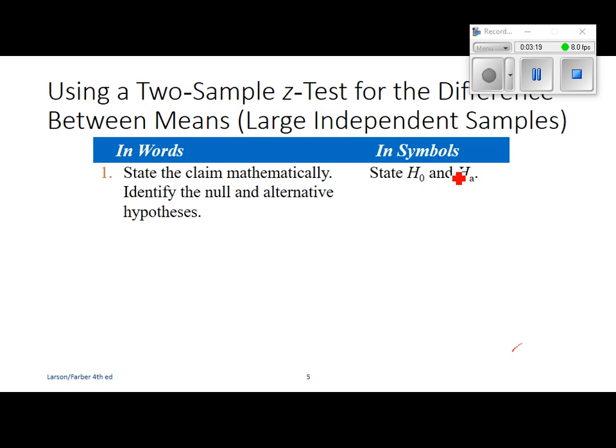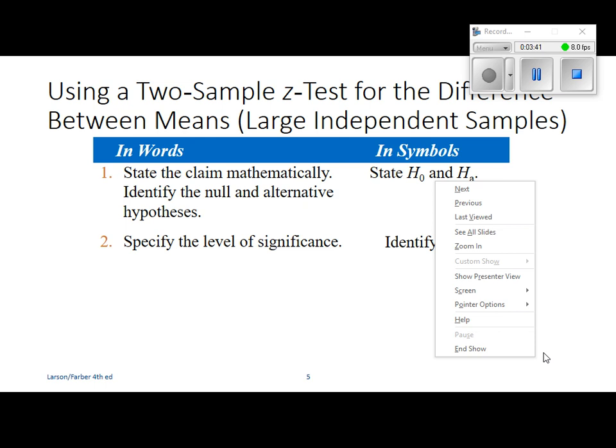Now, when I say that, that doesn't have anything to do with the claim. The claim is one thing, but when we start the problem, before we ever even know what the claim is, we're saying, hey, we think this mean and this mean should be equal. We think the mean for female IQ should be equal to the mean for male IQ.